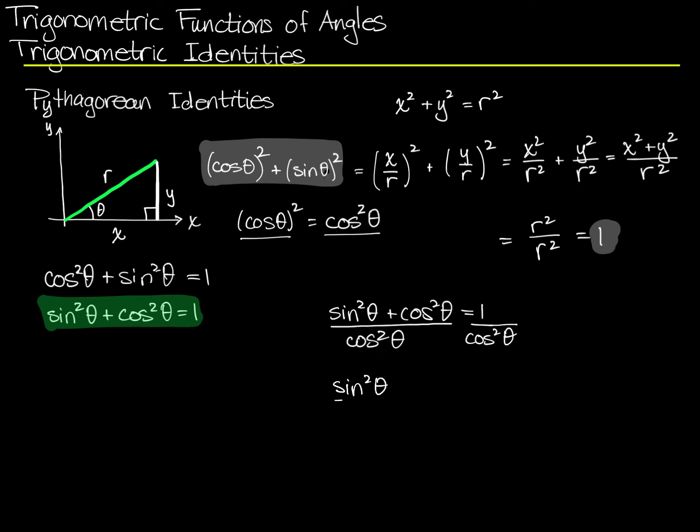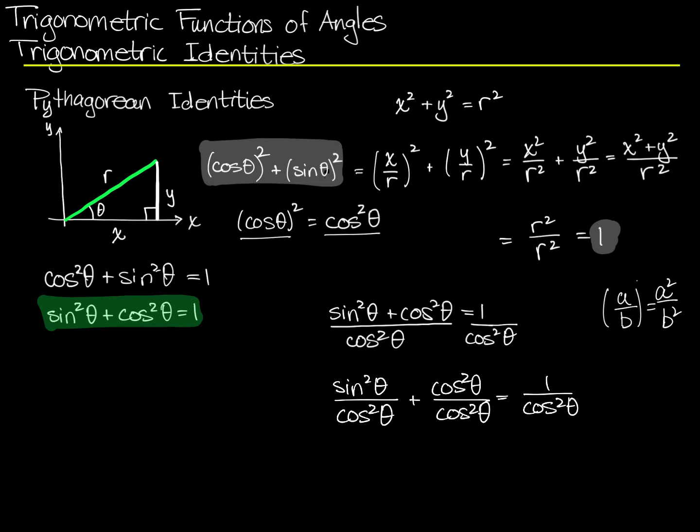Sine squared of theta over cosine squared of theta plus cosine squared of theta over cosine squared of theta equals 1 over cosine squared of theta. Remember from algebra that a squared over b squared can be written as a over b squared.